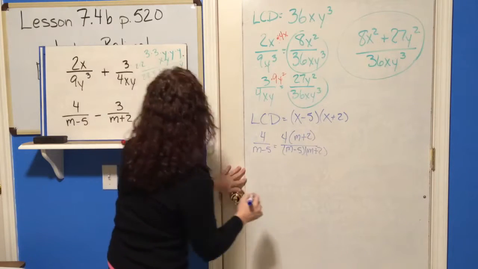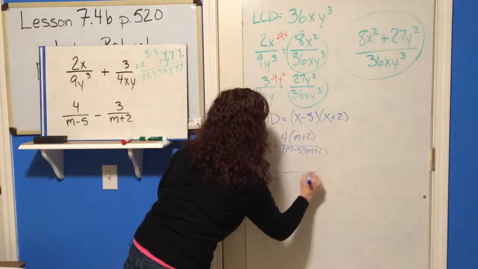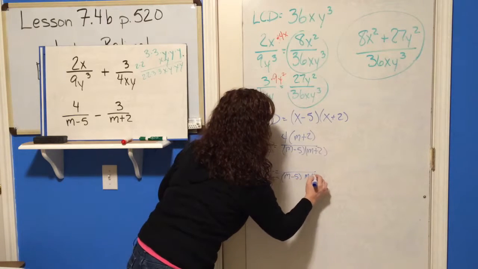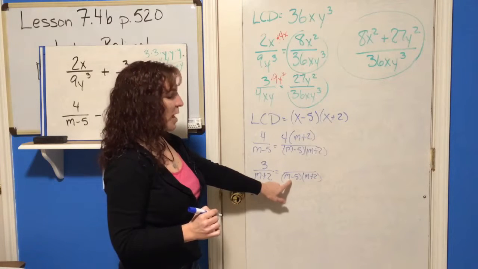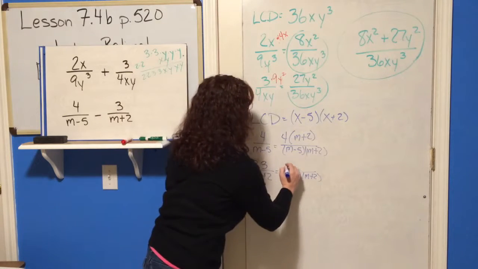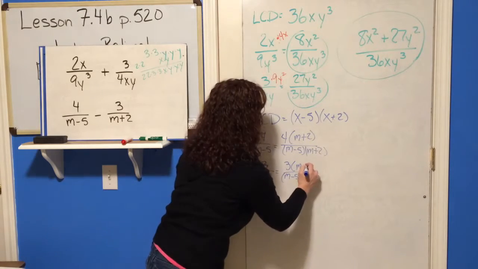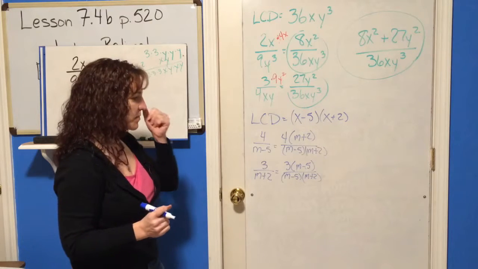And your second fraction is 3 over m plus 2. So to get that denominator of m minus 5 times m plus 2, you already have the m plus 2, so you needed to multiply by m minus 5. So we're going to have the 3 times the extra m minus 5. All right? Woo, we got this?